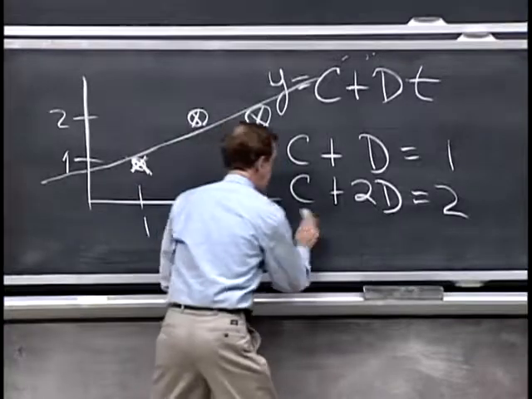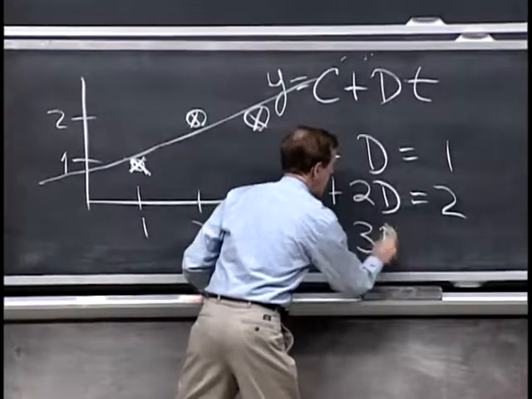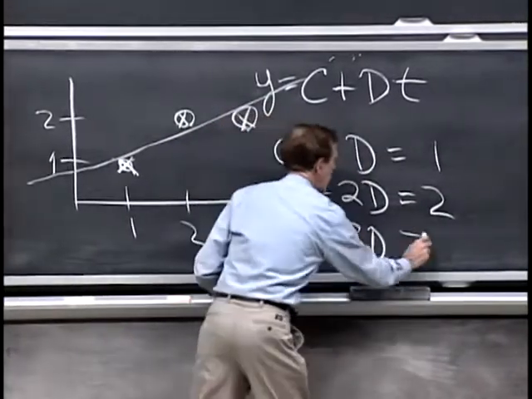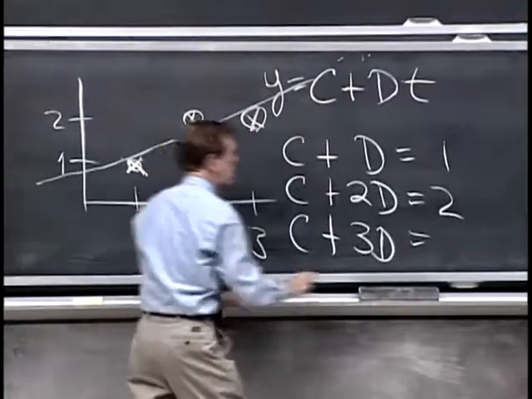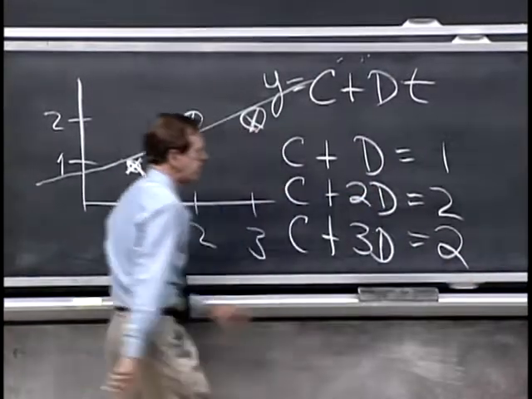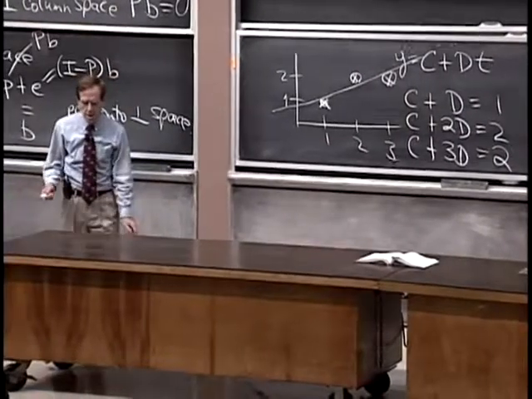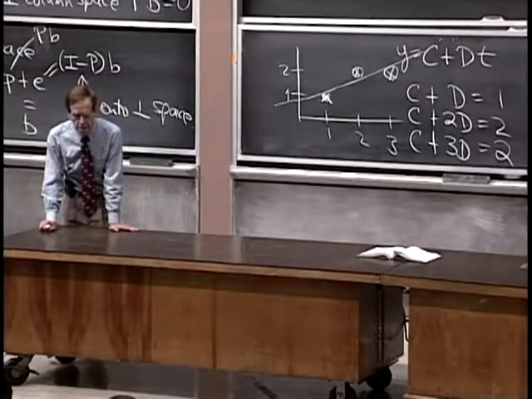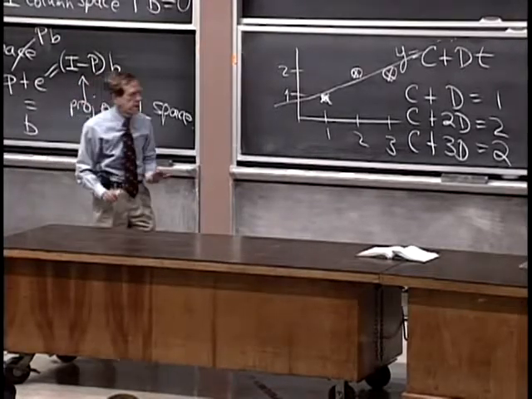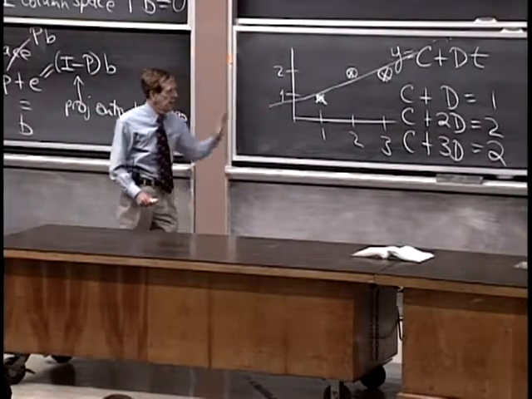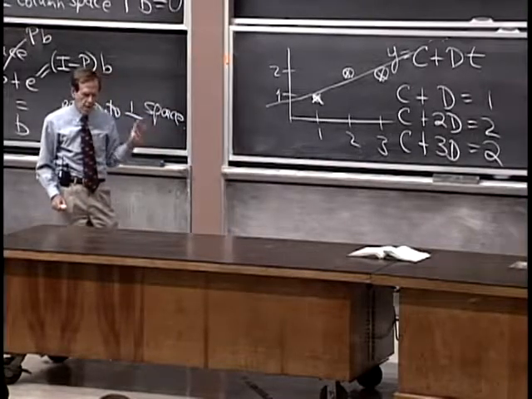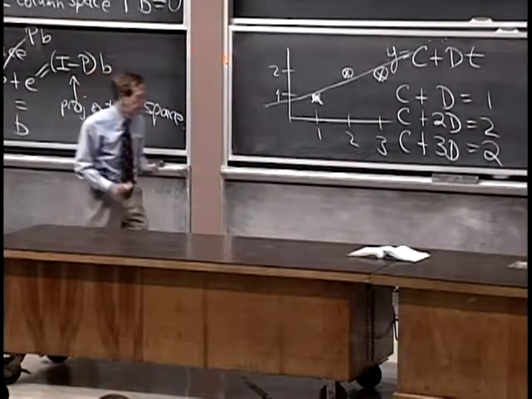At the third point, I have C plus 3D, because t is 3, but the answer I'm shooting for is 2 again. So those are my 3 equations. And they don't have a solution. But they've got a best solution. And what do I mean by best solution? So let me take time out to remember what I'm talking about for best solution.